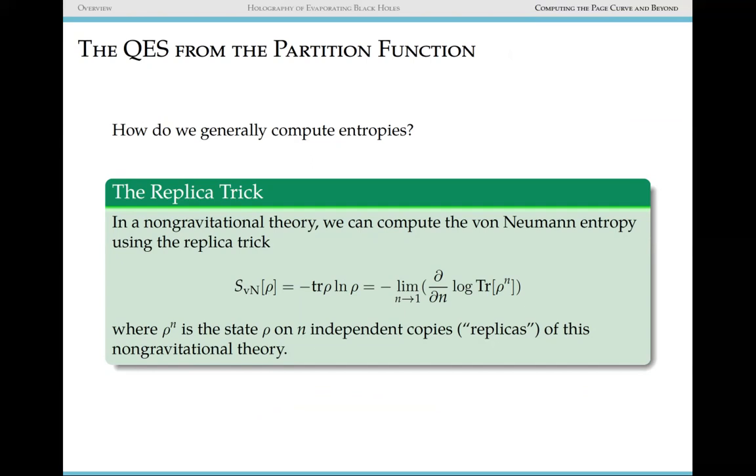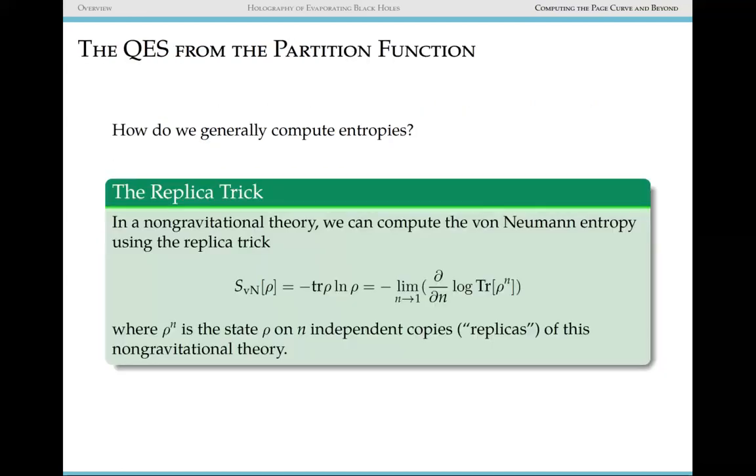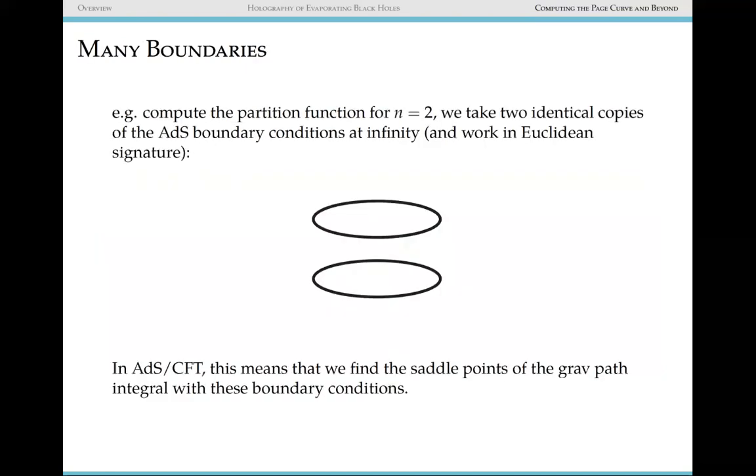All right, so this is how we typically compute it, not in gravity, but just in general. This is one way of computing the von Neumann entropy. Now let's think about what we wanted. Let's forget about the n goes to 1 limit and just think about computing it for n equals 2, to get an idea of what this object is like.